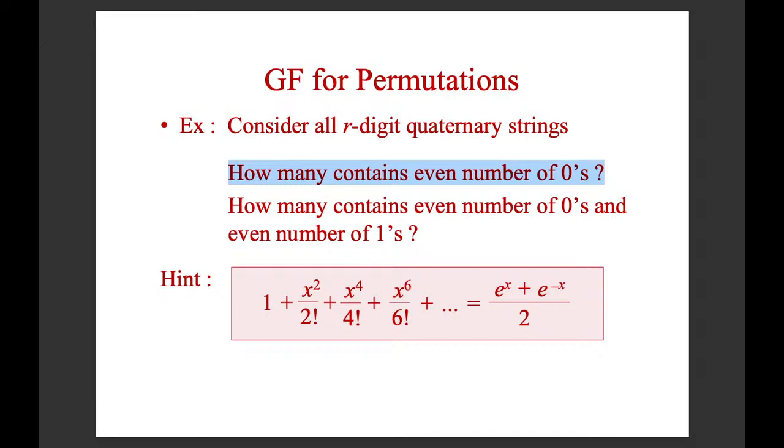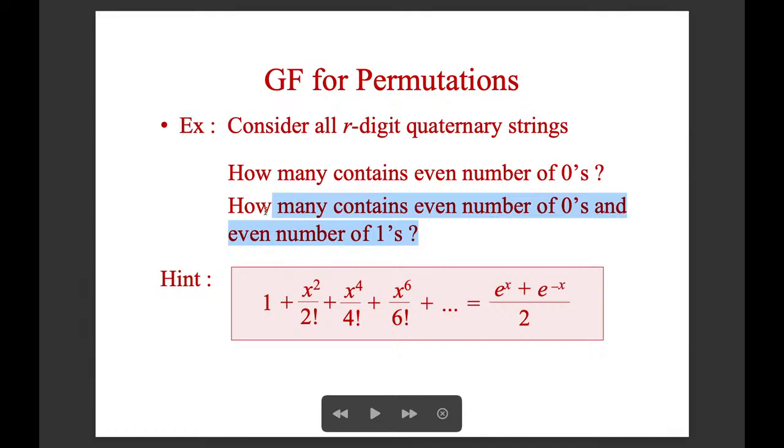Because there is no restriction. So in the end, for the whole system in this first part, the EGF will be e to the power 4x plus e to the power 2x, and then we divide this by 2. The desired answer will be the coefficient of this multiplied by r factorial. So we get 4 to the power r plus 2 to the power r, divided by 2. Okay, so we get the solution for this one.